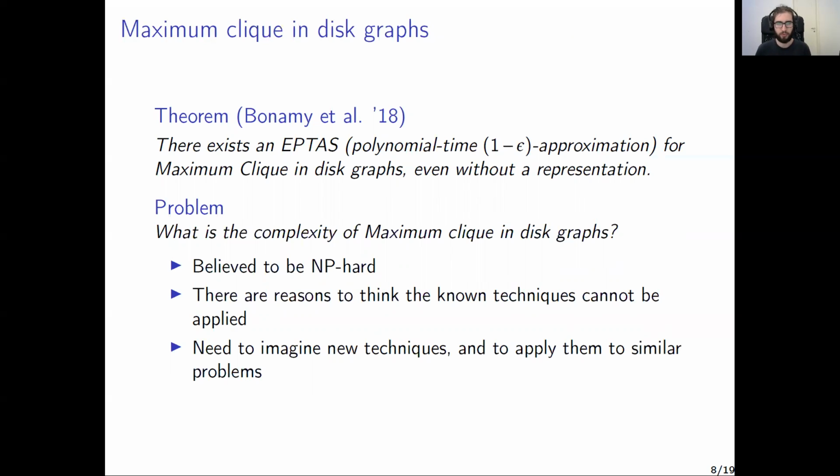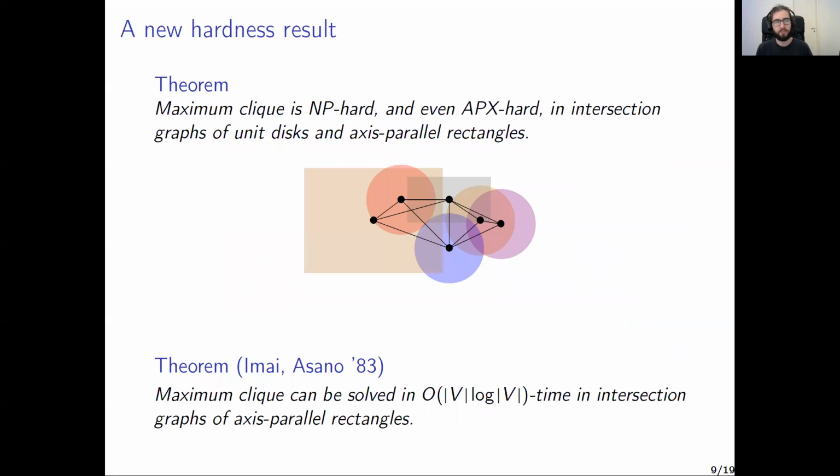So we need to come up with new techniques, new approaches, and to imagine these new techniques, to have some intuition, it's a good idea to think of similar problems. And this is what I'm going to present in the remainder of this talk, this theorem here, where we could prove that maximum clique is NP-hard, and even APX-hard, in intersection graphs of unit disks and axis-parallel rectangles.